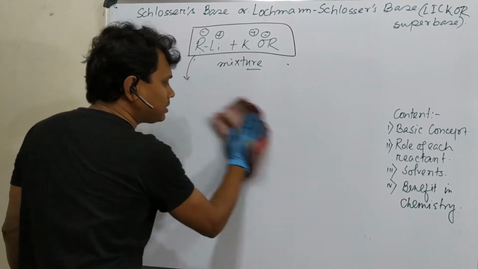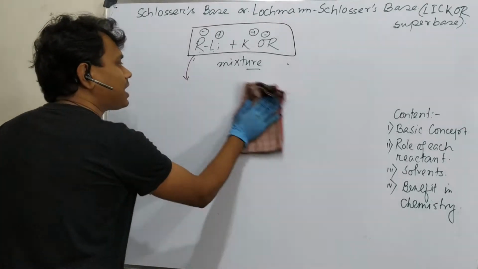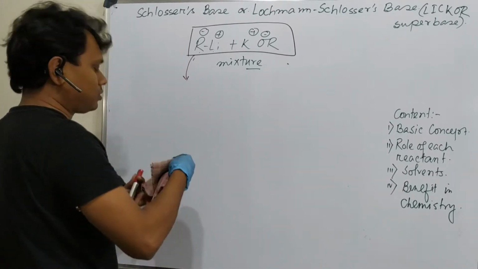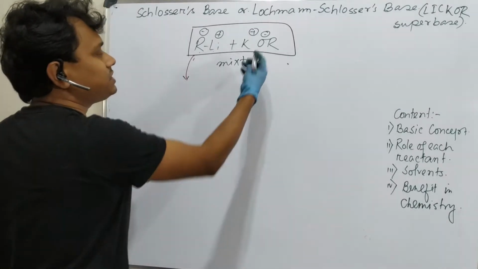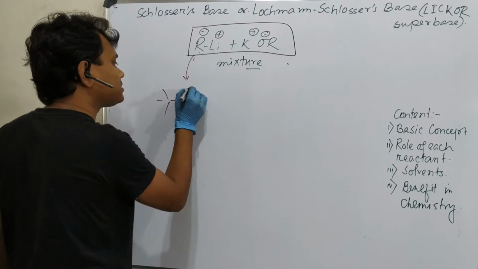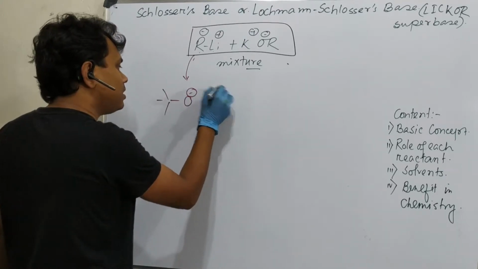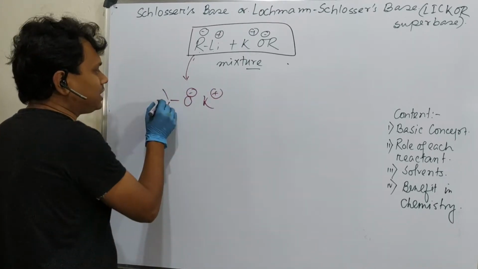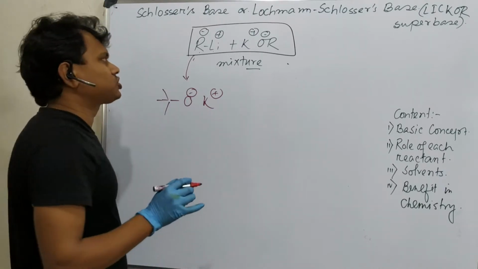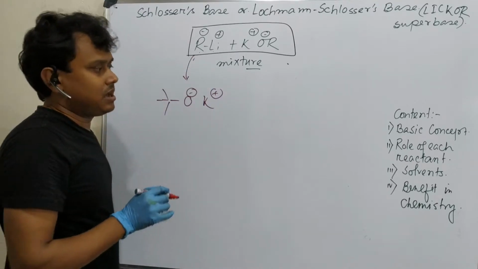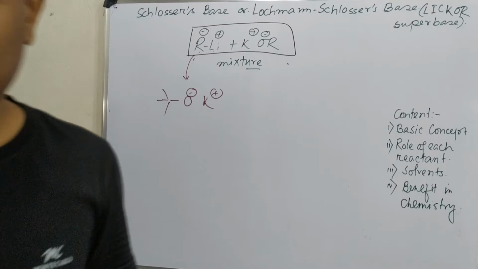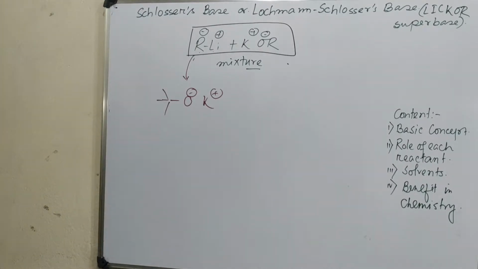Let's learn a little bit about tertiary butoxide. It is an alkoxide, and better is tertiary butoxide. Let's take that example, O minus K plus. This is an alkoxide having a tertiary butyl group, and we know this is a moderately strong base, not strong like this. But the question is how this reactivity is achieved. How is it improving?